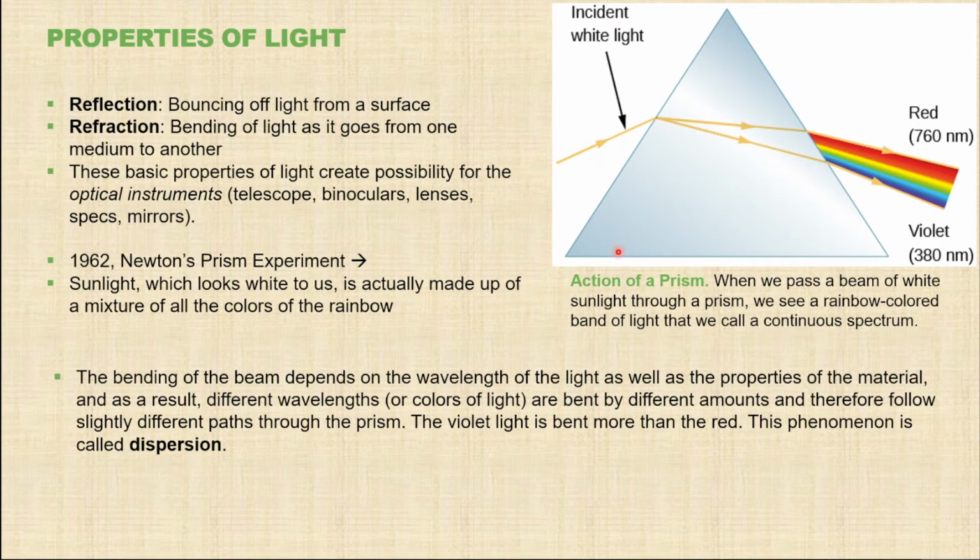A mirror reflects most of the incoming, or incident, light, about 97-98% of it. It still absorbs that 1%, 2% of the light.